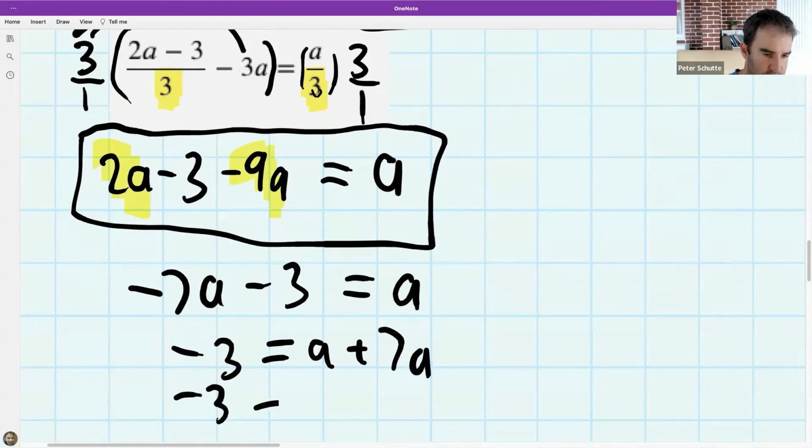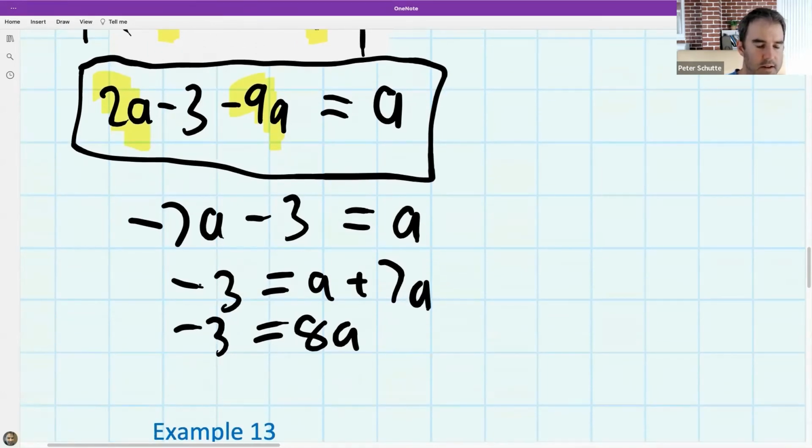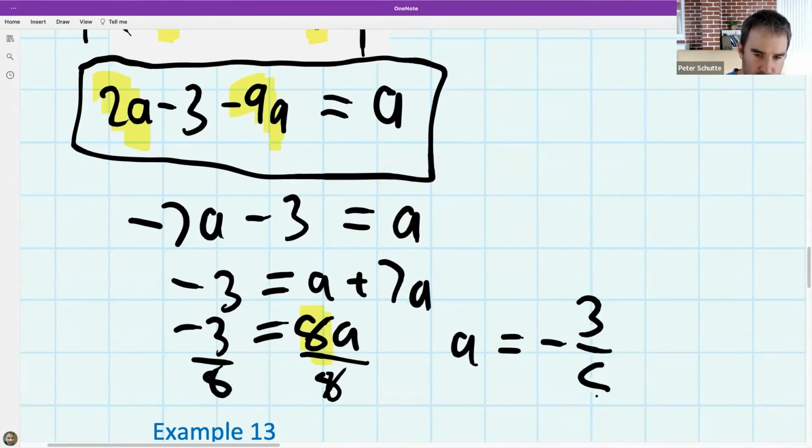So then I get minus 3 equals 8a. And then I have to divide both sides by 8, because this 8 in front is stopping me from solving the equation. Anything over itself is 1. And so a is minus 3/8. I could check my answer if I want, but I know that that is correct.